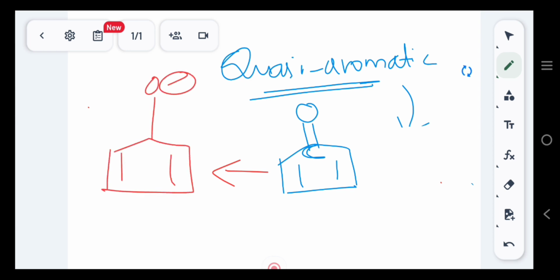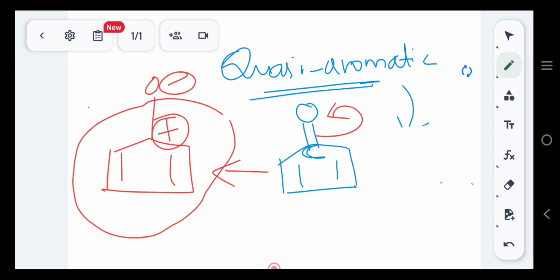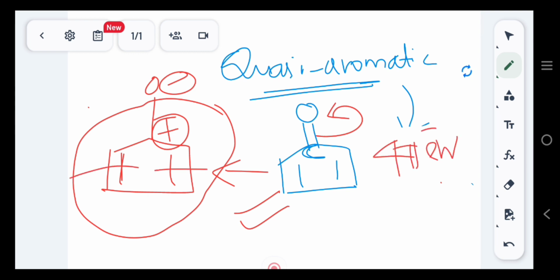Again, O minus, and this is positive because it will shift like this. Now see the ring. It is cyclic in nature, then it is planar. Then count the number of pi electrons. It is 2 pi, 4 pi. So you have 4 pi electrons. If it comes like 4 pi electrons, a multiple of 4, then it is anti-aromatic, right? Anti-aromatic.